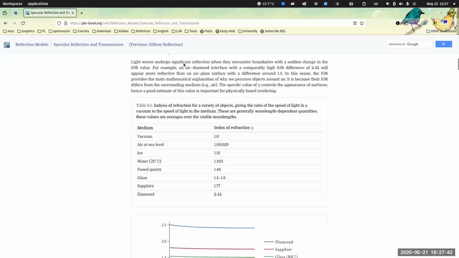Light waves undergo significant reflection when they encounter boundaries with a sudden change in the IOR value. So an air-diamond interface with a high IOR difference of 2.4 will appear more reflective than an air-glass surface with a difference of around 1.5.